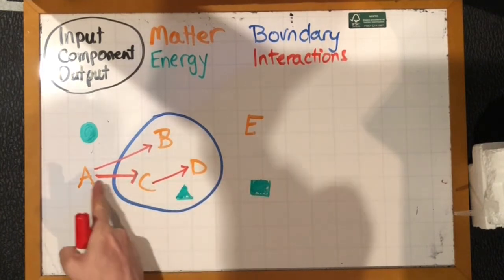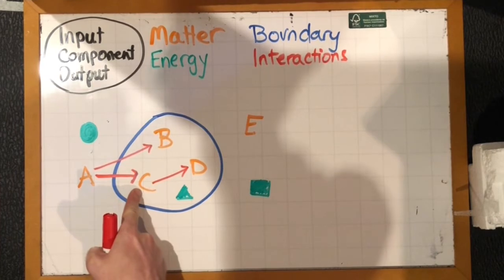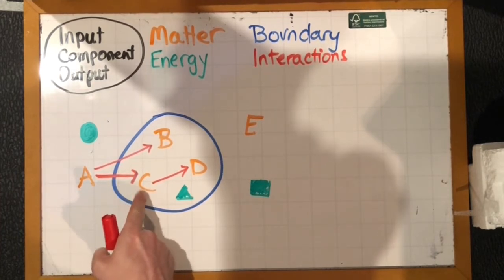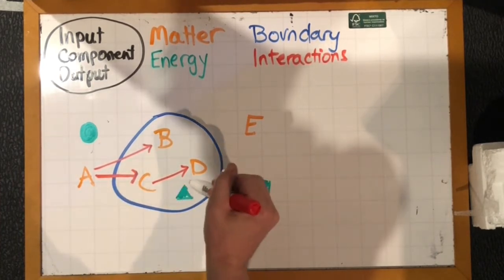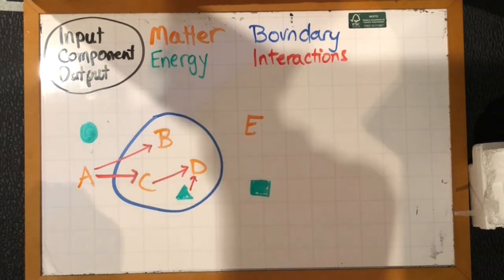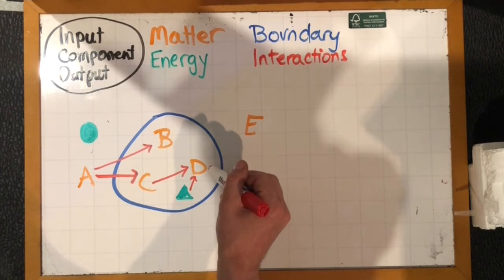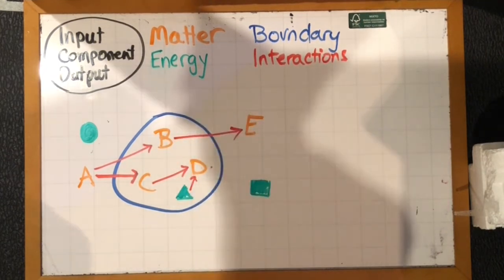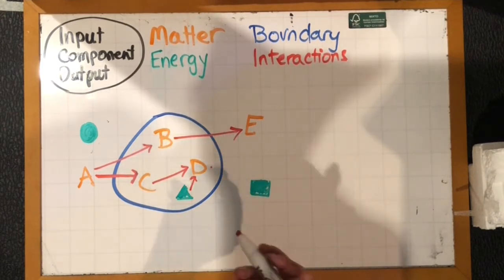Sometimes, when matter is introduced as an input, another component will transform that into a different component. Sometimes an output is produced from an interaction as well.